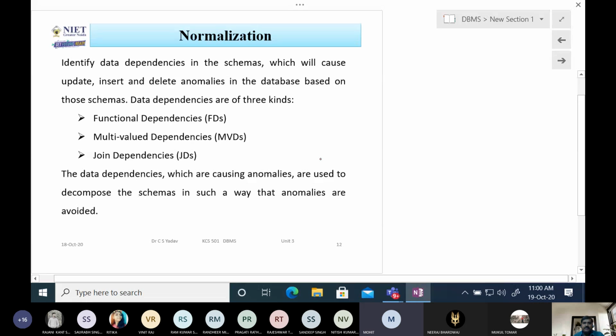Now, there are various types of dependencies, and these dependencies are the main reasons for anomalies. First one is functional dependencies.